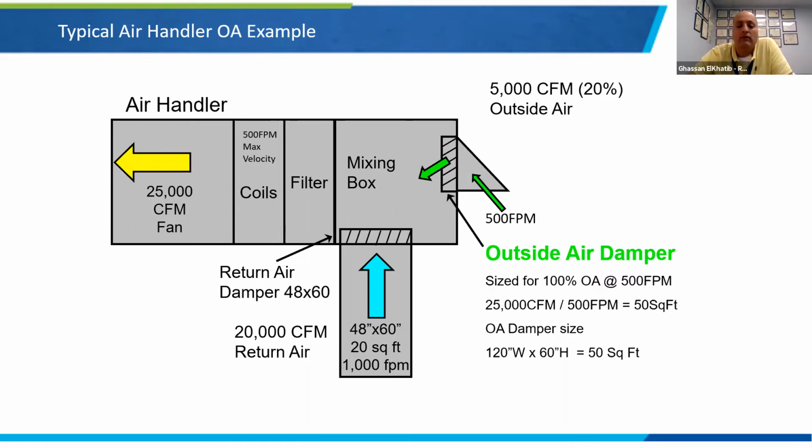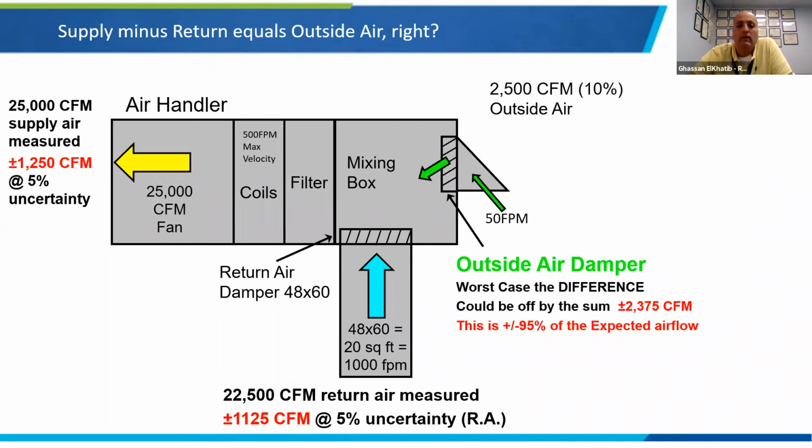But with this example, if you've got an outside air economizer and you're looking at the supply air tracking at the fan, you can see how much variance you get even with a 5% plus or minus tolerance on it. So if you have larger air handling units with larger outside air, and a different percentage of outside air requirement, you can see how it becomes difficult to validate that number.